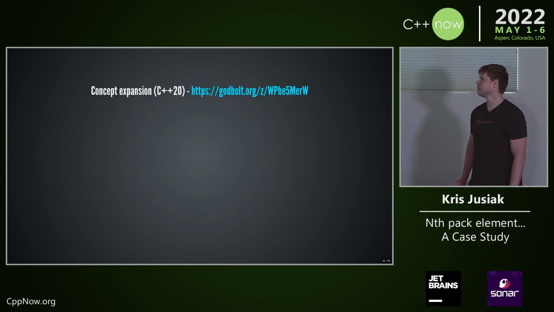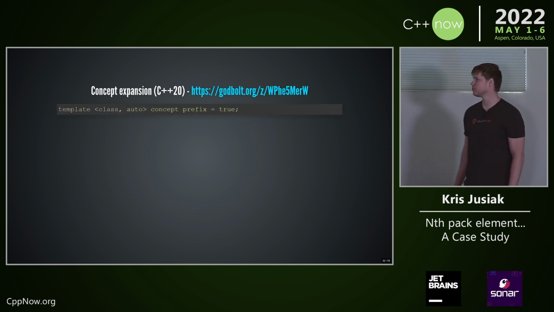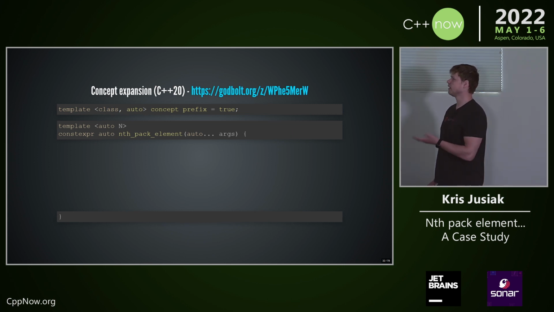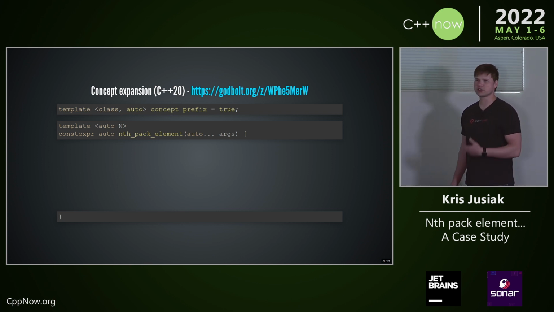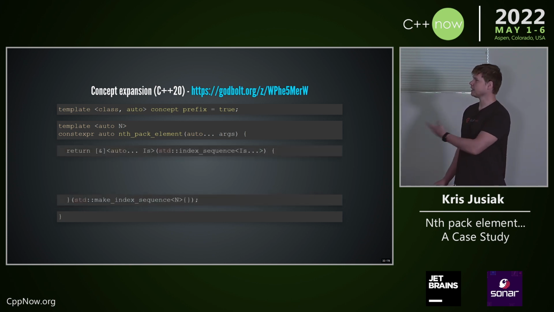So we can do a very similar approach, which actually was shown at CppCon. In order to do so, we specify a concept which takes a type for the concept and an auto, which will be the number. It doesn't really matter. It's just true, it's always satisfied. We do the same, meaning an immediately invoked lambda.